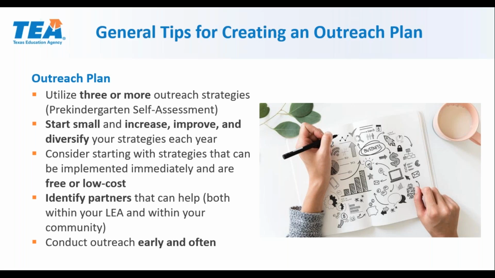You'll want to start small and increase, improve, and diversify your strategies each year. And you can consider starting with strategies that are free or low cost, or if there's someone that can help you. You'll want to identify partners that can help, and this is both within your LEA and within your community. And then also you'll want to conduct outreach early and often.